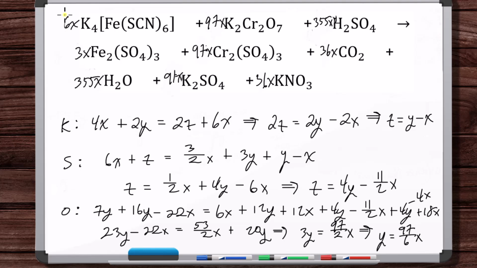We're going to pick X to be equal to 1. So 6, 97, 355, 397, 36, 355, 1.